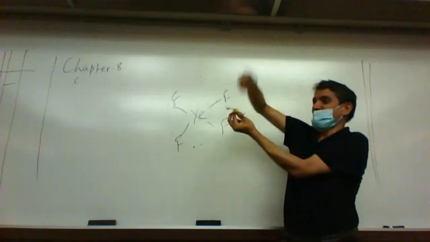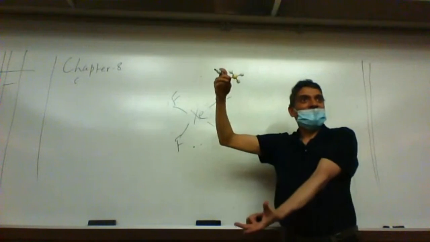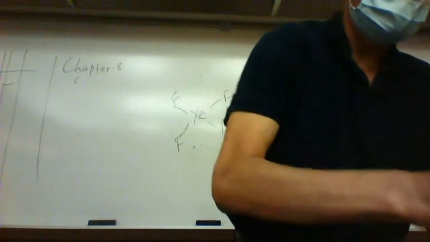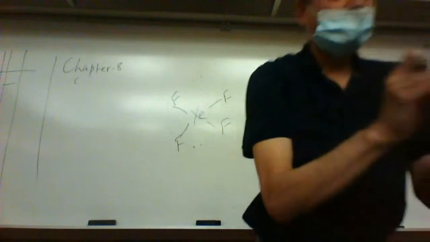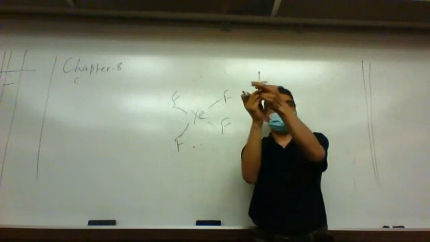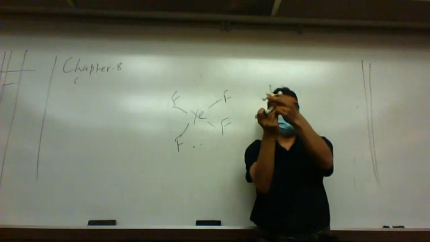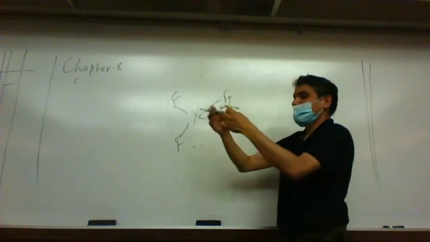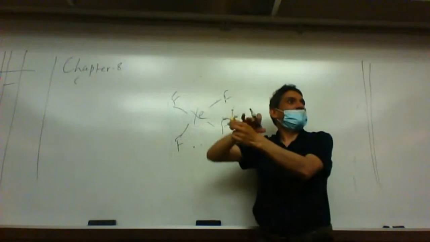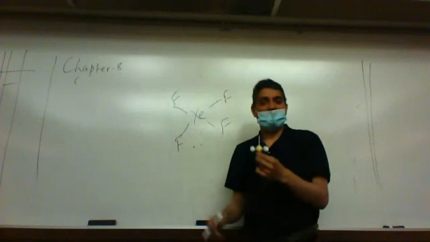So 2 electron pairs going up, 2 going down. So there is an electron pair here, nothing in this one, this is also an electron pair going down, and this central is a xenon, and these fluorines are in the same plane. Make sense?